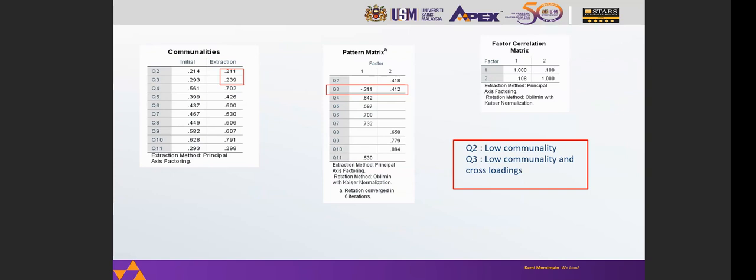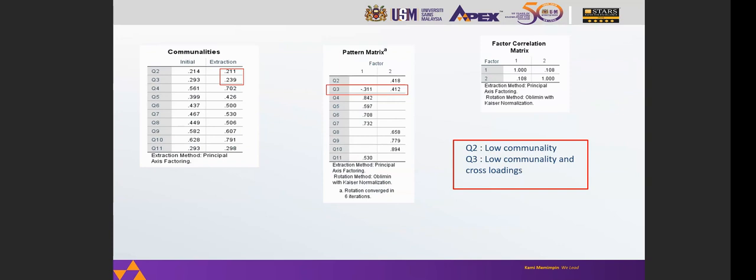When we remove Q12, we'll see that Q2 and Q3 have low communalities, less than 0.25.